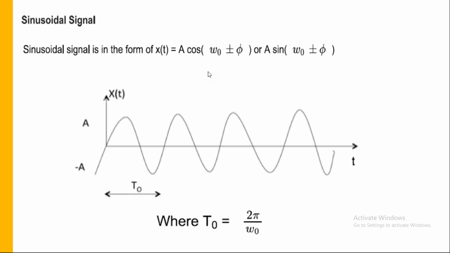Now try to understand. If the waveform is a cosine waveform, then you need to write a cos. If it is sinusoidal, you can write a sine. I think you know the basic functions of sine and cos.